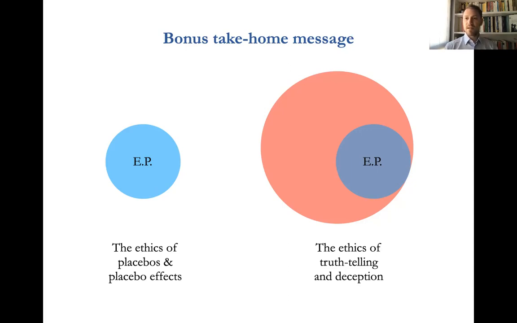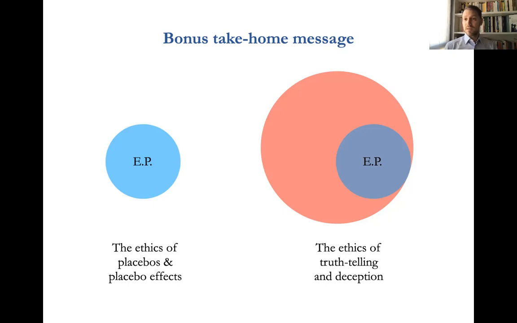So a bonus take-home message is simply that whenever we approach the ethics of using placebos and placebo effects in clinical and research context, in 95% of the cases, perhaps even more, what we are dealing with is a simple specification of a broader moral issue. And that broader moral issue is the ethics of telling the truth or the ethics of deception, if you look at that from a different perspective, as it applies to medicine in general or science in general, so to clinical context and scientific context.